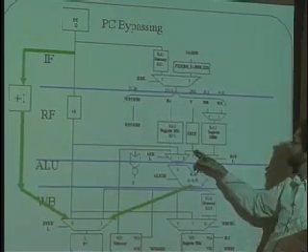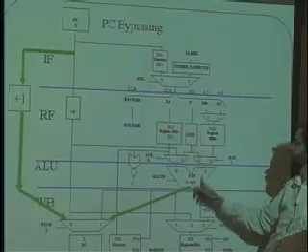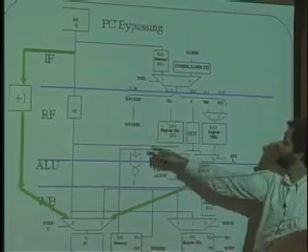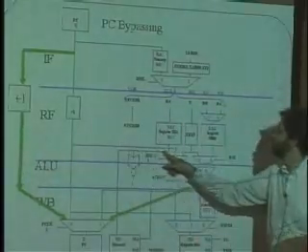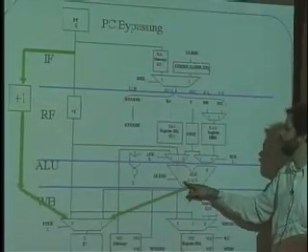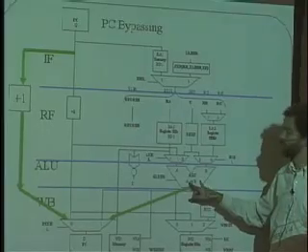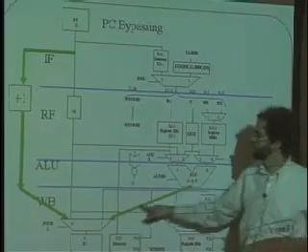The constant goes into this path here. The PC +1, in this case we're going to have to steal it from this green line here, goes into this path here. They both go into the ALU, right? And then the result is supposed to go into the PC.